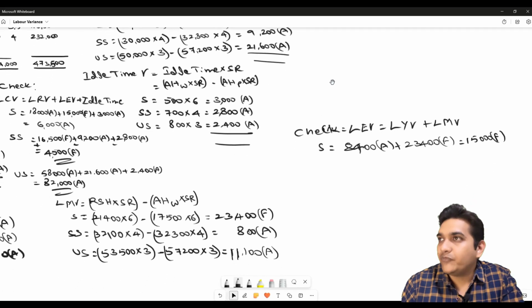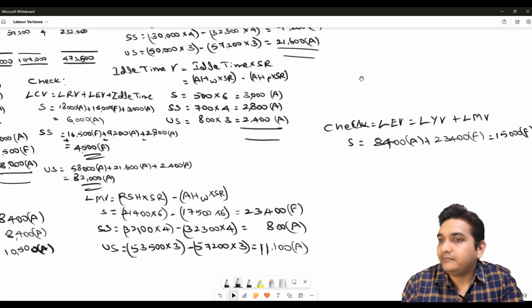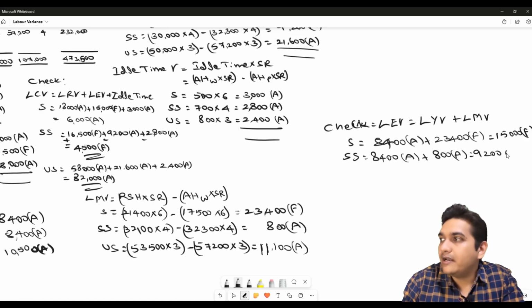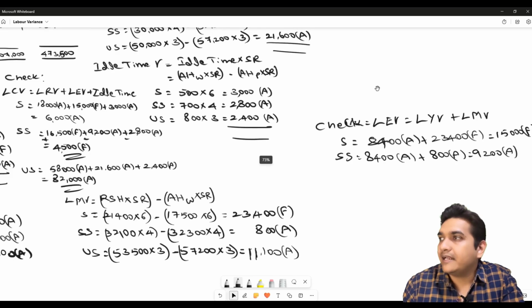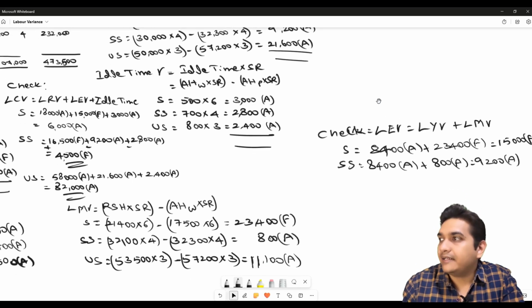It is correct. So we can move on to our next one. Next is semi-skilled. Again 8,400 adverse plus 800 adverse. We get 9,200 adverse. Is this correct? Yes, it is correct.